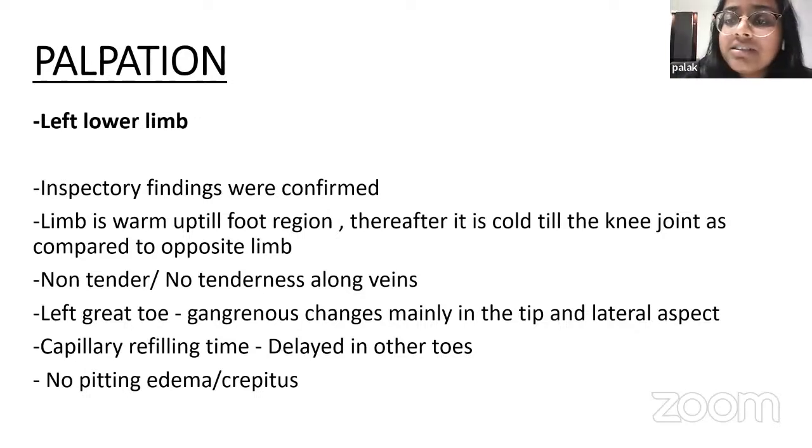Sir, pre-gangrenous changes are used to describe the condition of the limb when the gangrene and ulcer have not yet settled in, but there are changes like, for example, the limb is cold, visible pallor present.